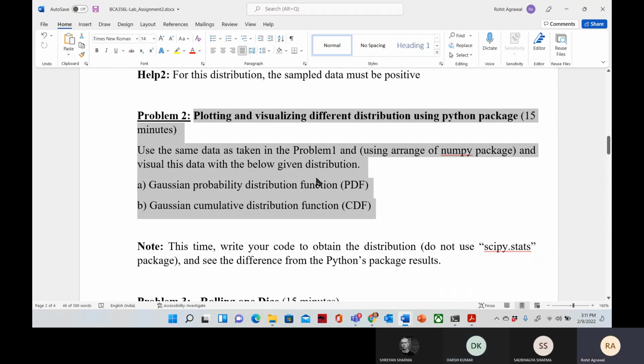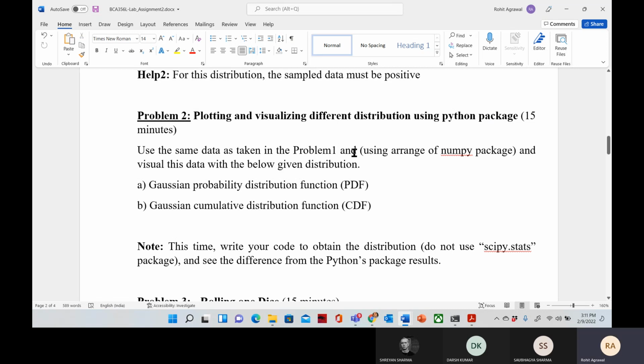Plotting and visualizing different distributions using Python package. Use the same data as taken in the first problem. Use arrays from the NumPy package and visualize the Gaussian probability density function, but we do not use the scipy.stats package. Only for Gaussian, not for Student's t distribution and not chi-square, because the formula I didn't discuss in the class.